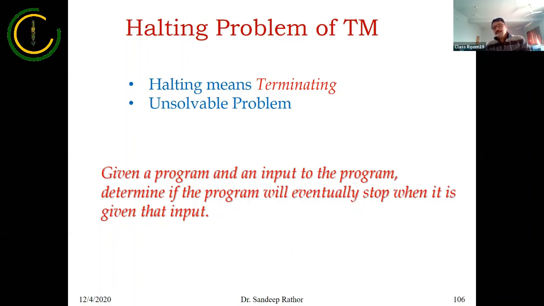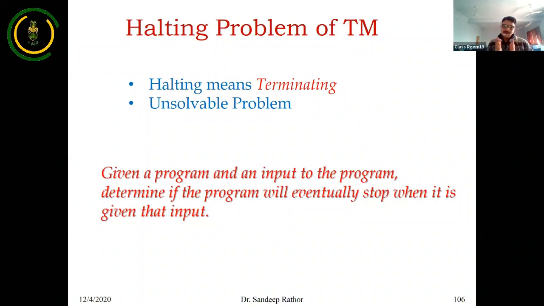So what is the meaning of an unsolvable or undecidable problem? If we have the solution of any problem in the form of yes or no, then we can say this particular problem is decidable or solvable. Is it clear?